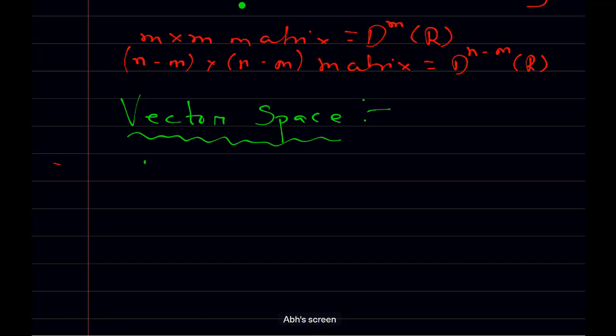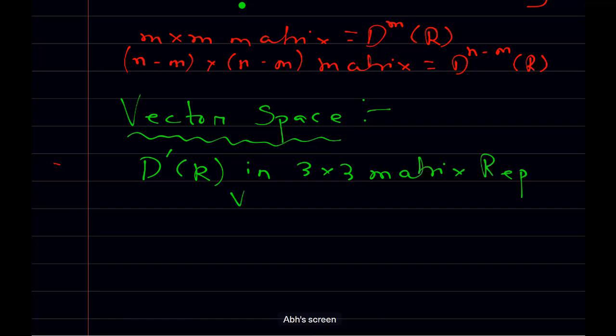If you had a complicated representation of a group element R in say a 3 cross 3 matrix representation, that means you used a vector space V which had 3 bases, because it's a 3-dimensional representation, so there was basis E1, E2, E3.